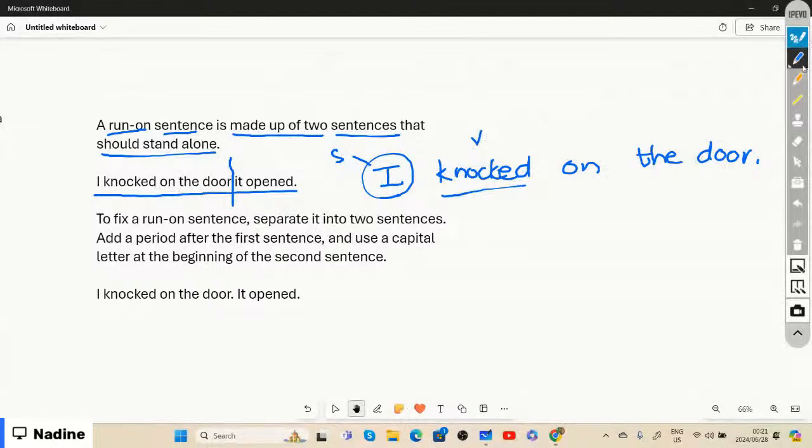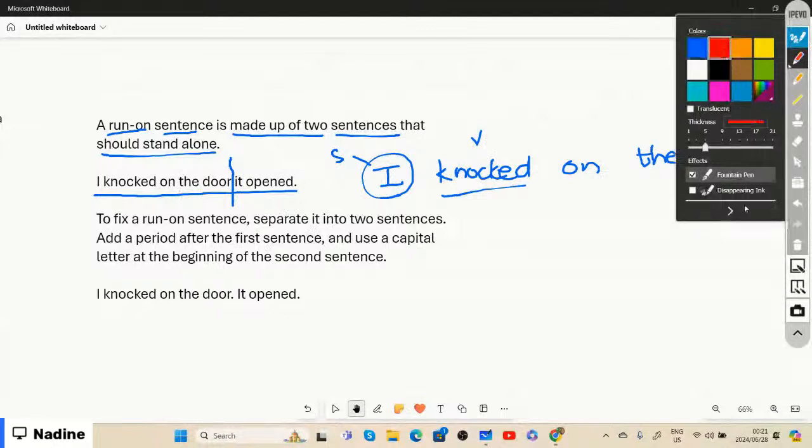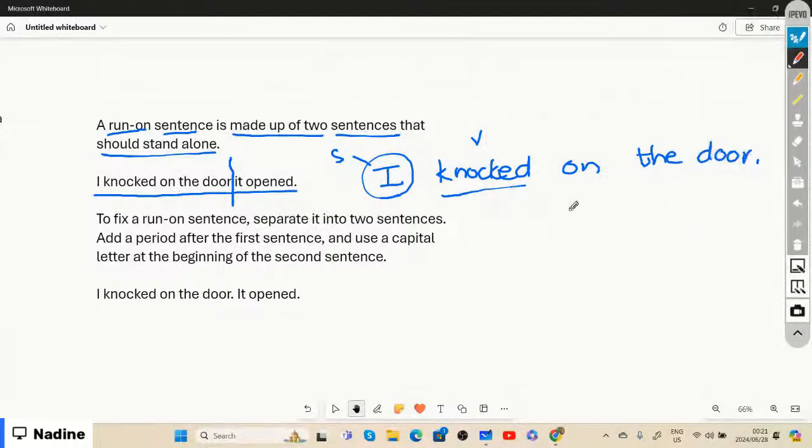And then if you look at the other sentence, which is within that same sentence, it says "it opened," right? "It" being our subject, "opened" being our verb.